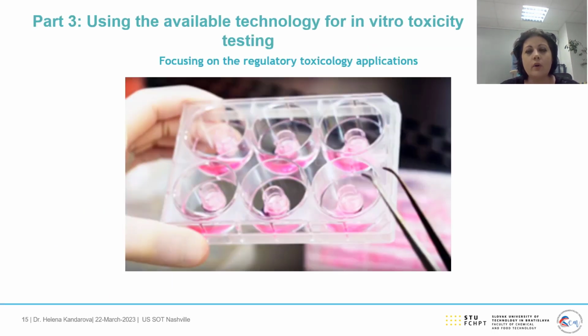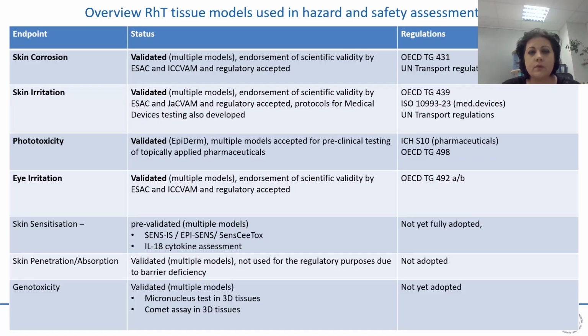Now let's have a look on the technologies that have been developed for the regulatory toxicology applications with reconstructed human tissue models. So this table very nicely shows some of the tests that are validated and that were implemented into the regulations for the 3D tissue models.